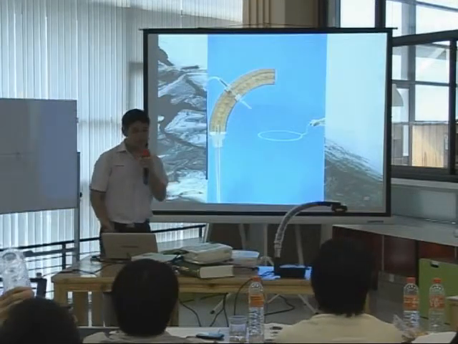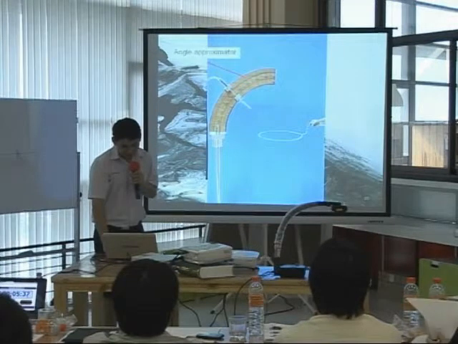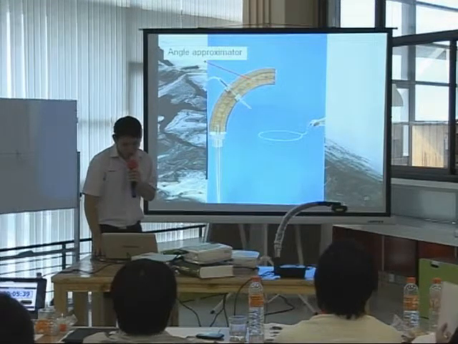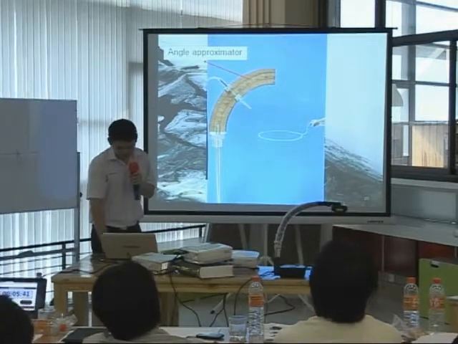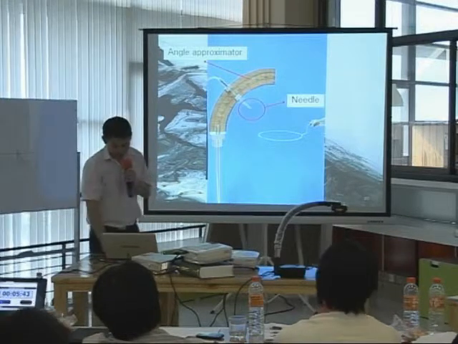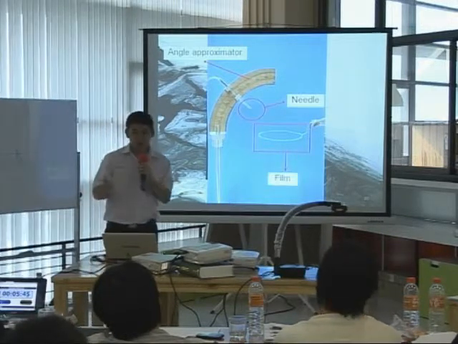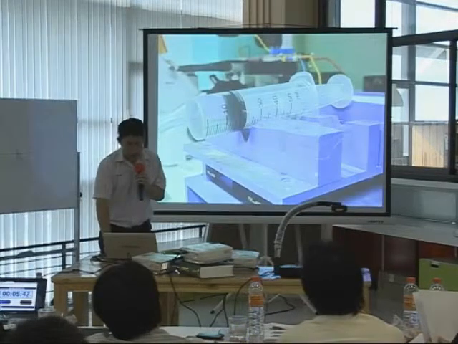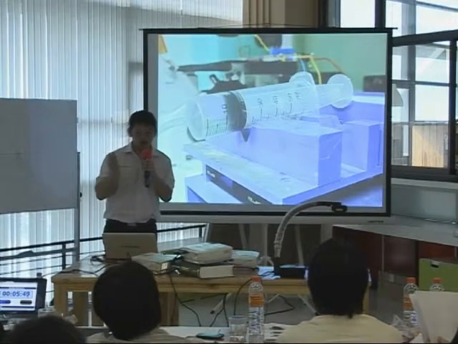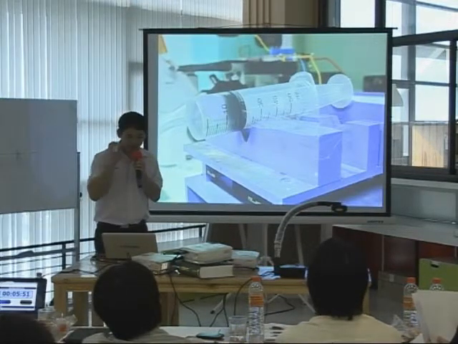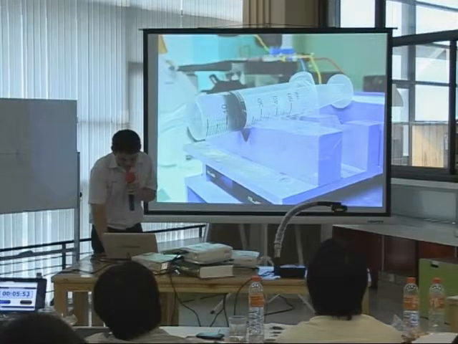And this is my experiment setup. This is the angle approximator. Here's the needle, and this is the position of the film. And I use this pump to push the syringe to get the solution.